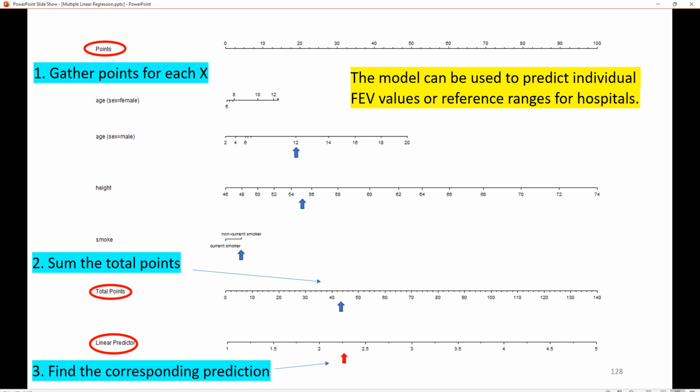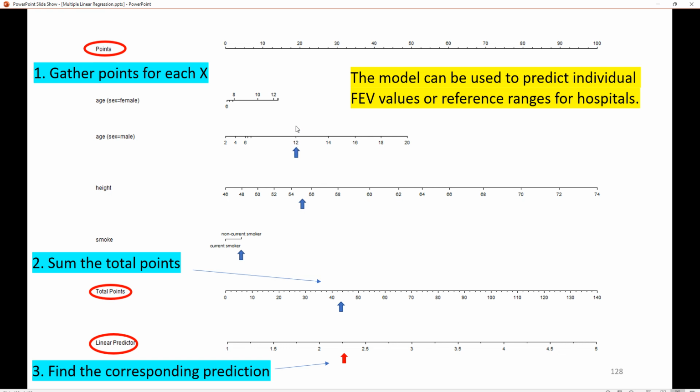So let's start from the beginning. We gather points for each predictor value. For example, we're talking about a 12-year-old boy. So that first blue arrow pointing up points to an age of 12. Because we have an interaction, we have two sets of values, one for females up top, and right below it we have it for males. So we see where that 12 is at.